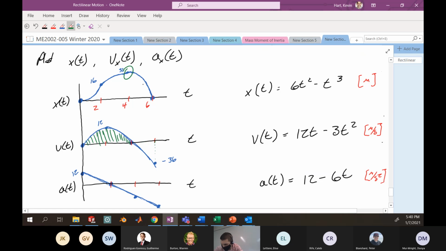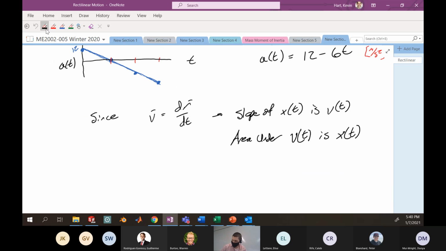Okay, so we have these general relationships between these functions because of their derivative and antiderivative relationships. You have a similar idea between the acceleration and the velocity. Same idea.